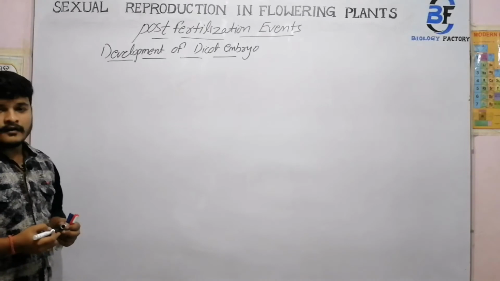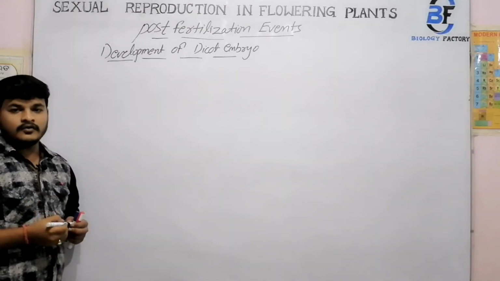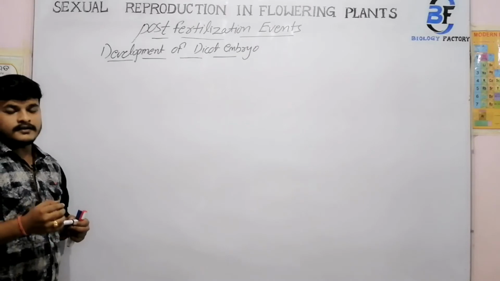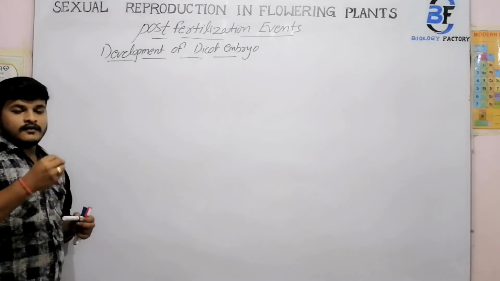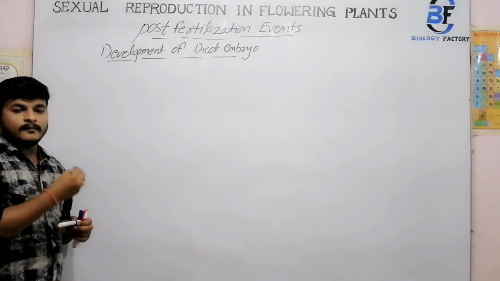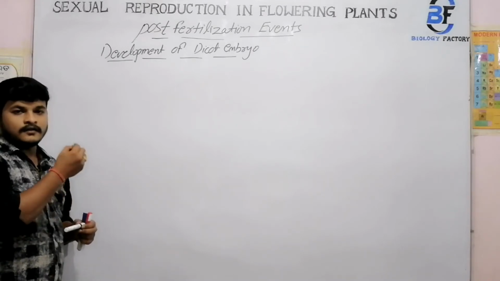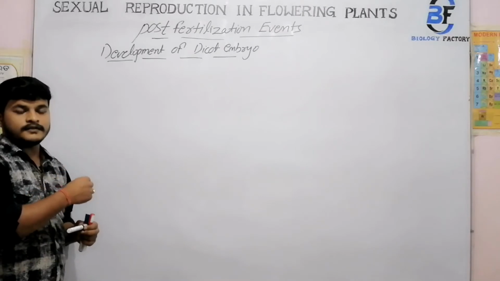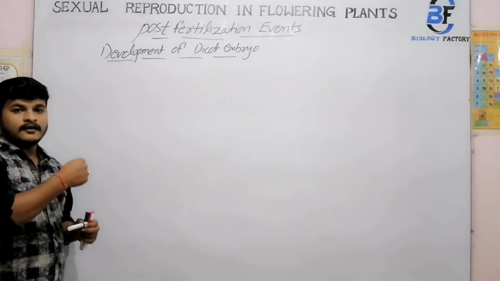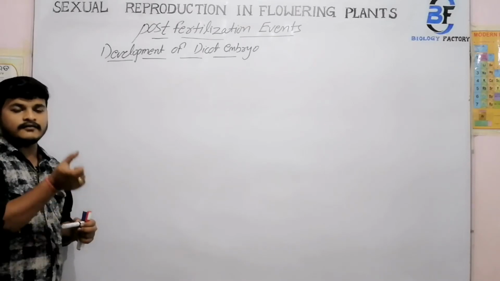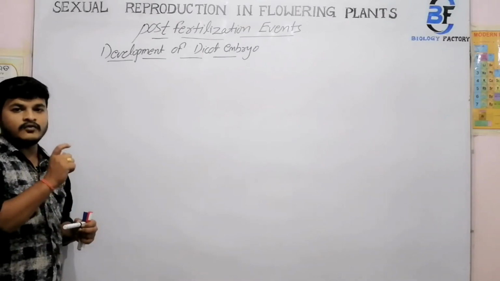In fertilization, we all know that there is an embryo sac, and after the first fusion of the male gamete to the egg in the egg apparatus, the zygote is formed.